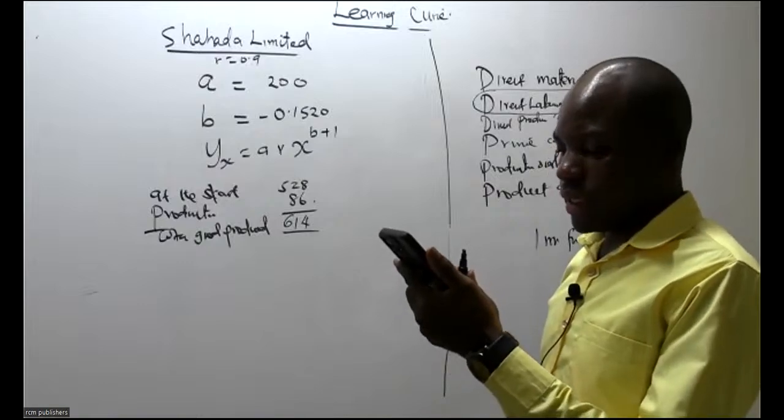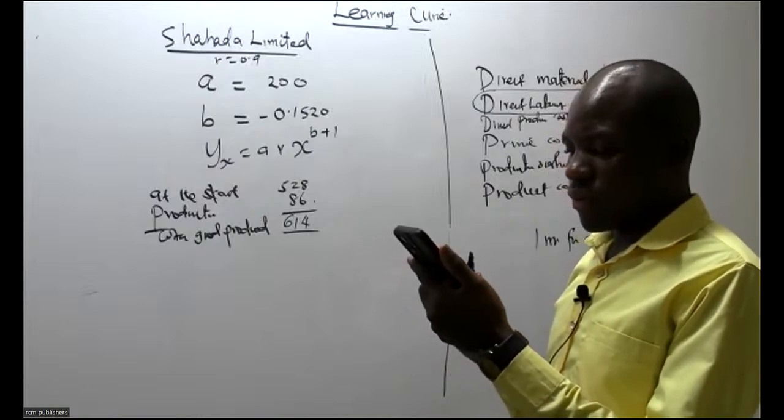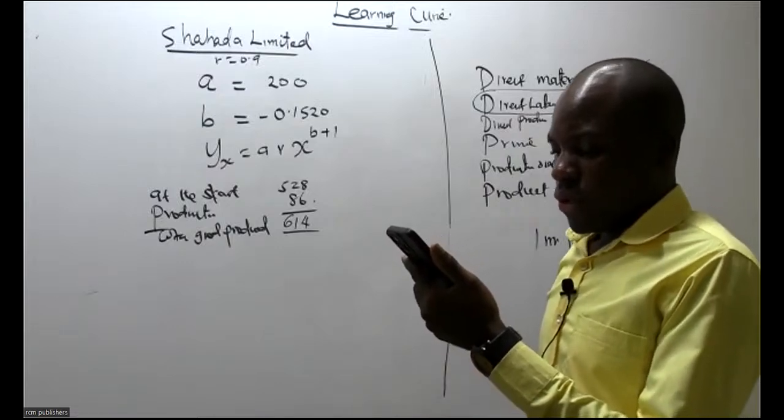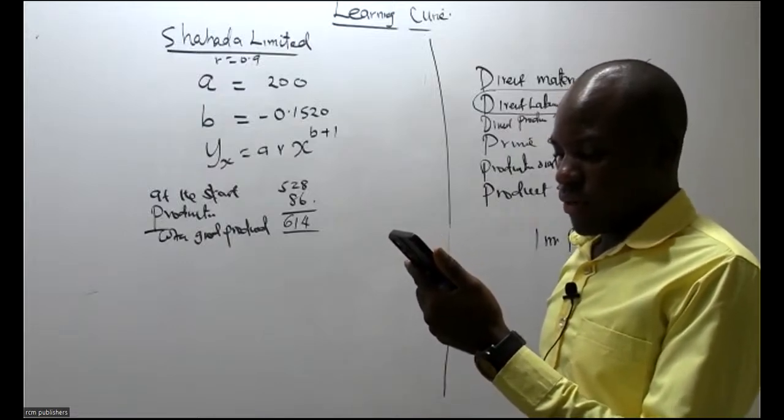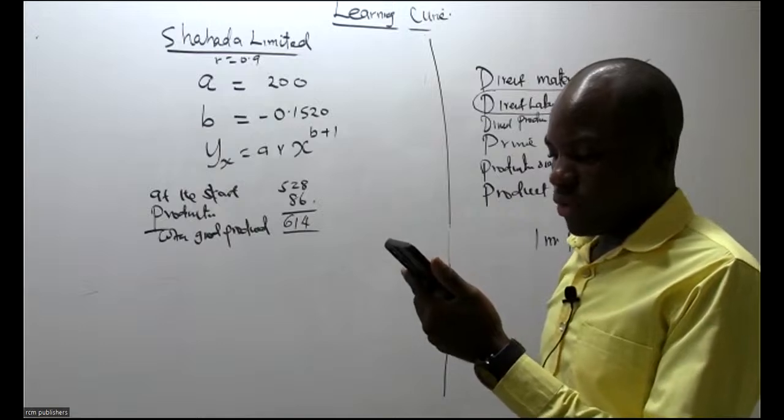We need to get, so we have been told the following information relates to the previous period's production. We have production during the period.